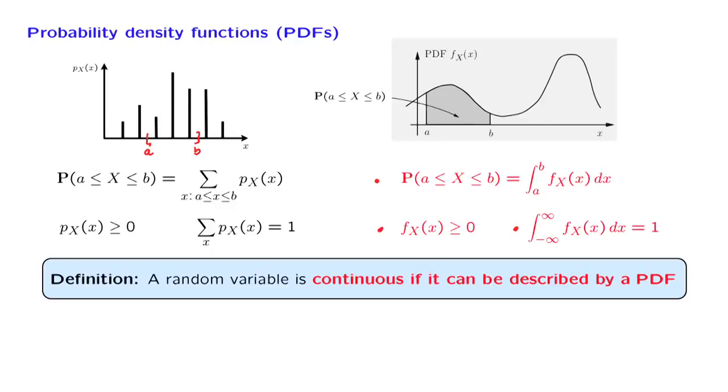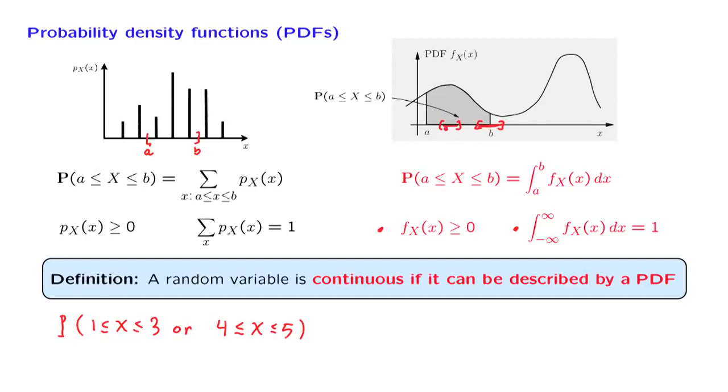Now, once we have the probabilities of intervals as given by a PDF, we can use additivity to calculate the probabilities of more complicated sets. For example, if you're interested in the probability that x lies between 1 and 3, or that x lies between 4 and 5, so this is the probability that x falls in a region that consists of two disjoint intervals.